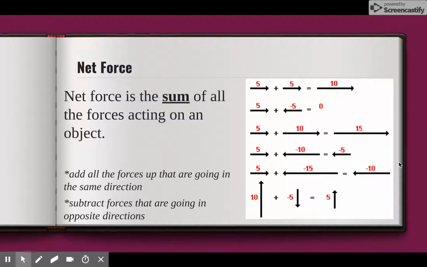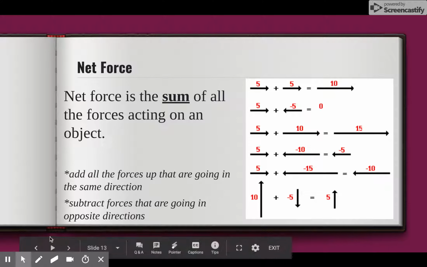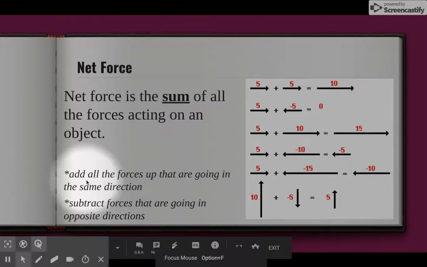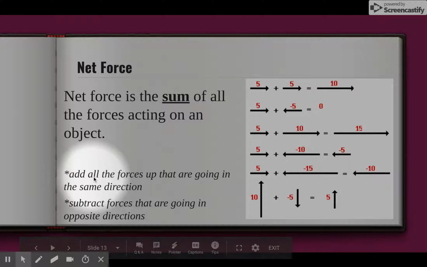So the last big thing that we're looking at in this lesson is the net force. It's basically the sum of all of the forces acting on an object. The way we find this is by looking at the direction of the force. So any forces that are moving in the same direction are going to be added up.